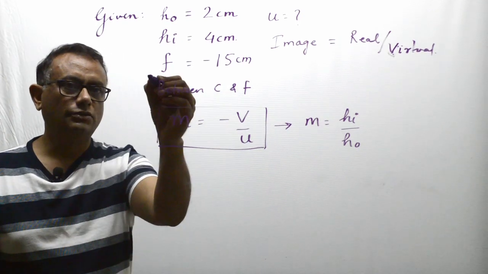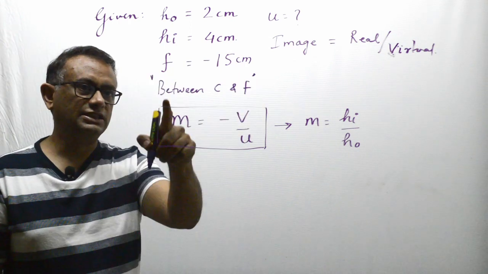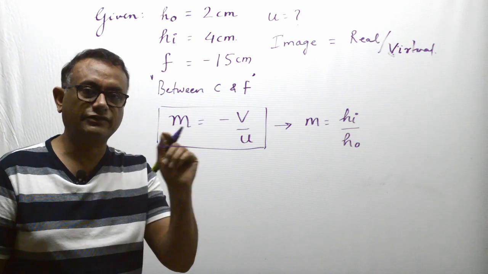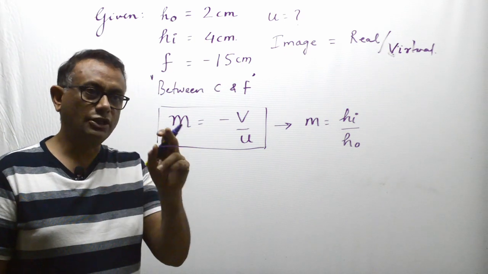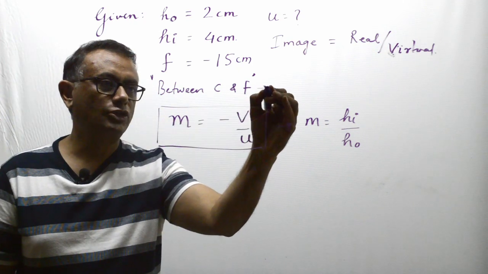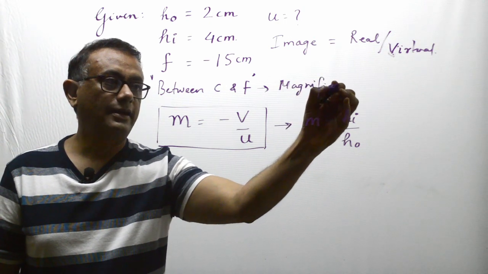Okay. So the smart fellows amongst you will know that this is the clue. The object is between the center of curvature and focus. Okay. So when that object is in that position, then we know that image is going to be magnified and real.